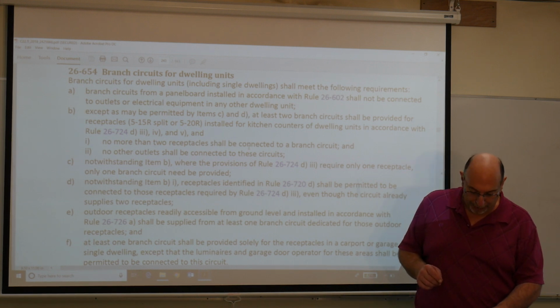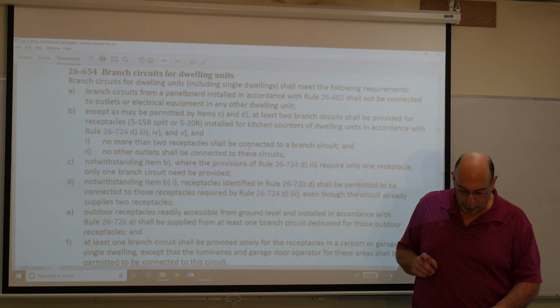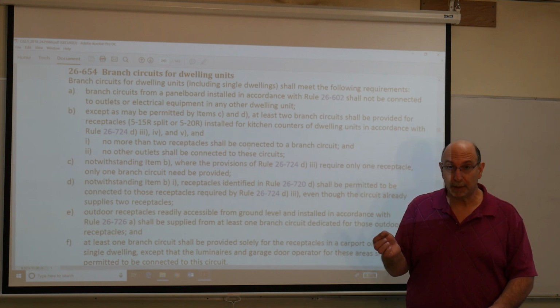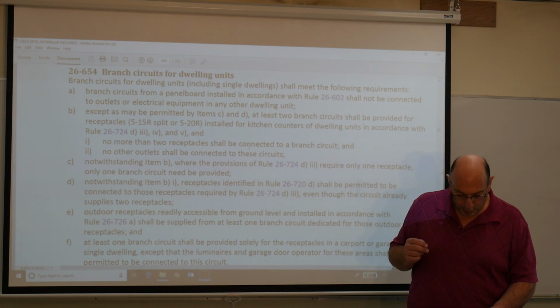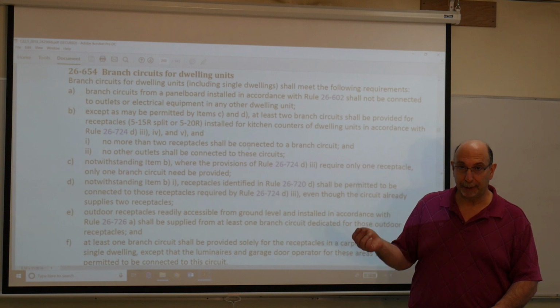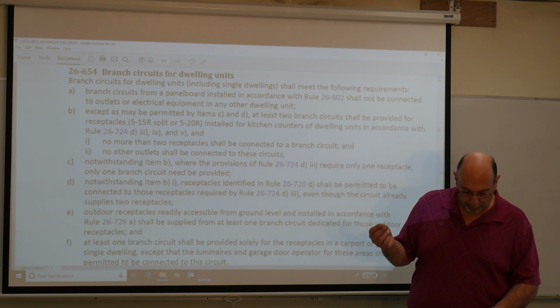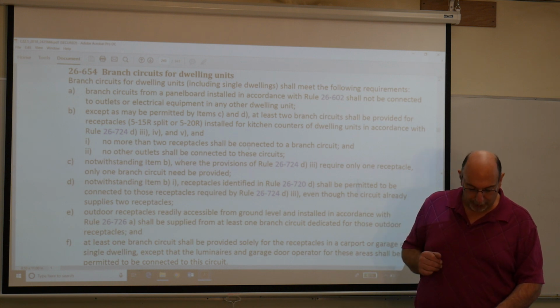Except as may be permitted by Subrules C and D, at least two branch circuits shall be provided for receptacles, and you have your choice. You could use the 5-15R split, you know, the 3-wire, or the 5-20R, in other words, the duplex receptacle, 20 amp receptacle, T-slot, installed for kitchen counters of dwelling units in accordance with, and then you can read that rule.